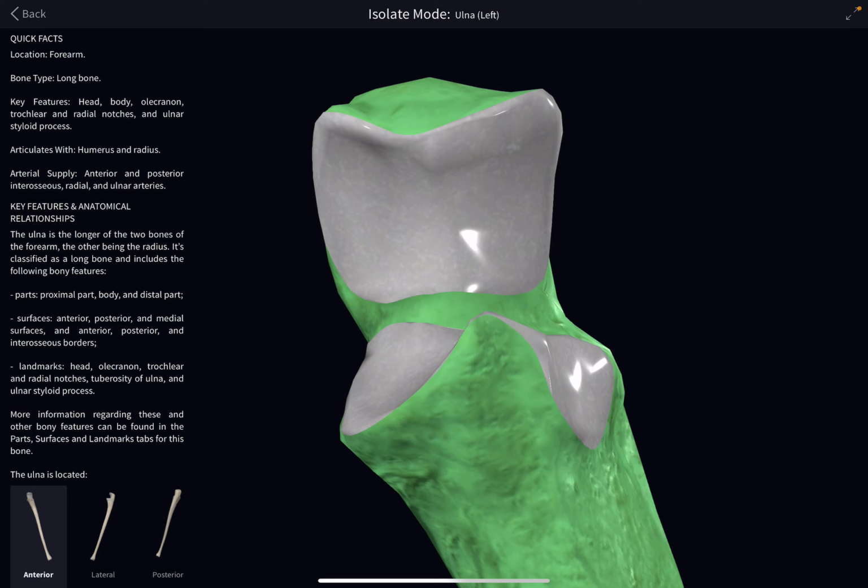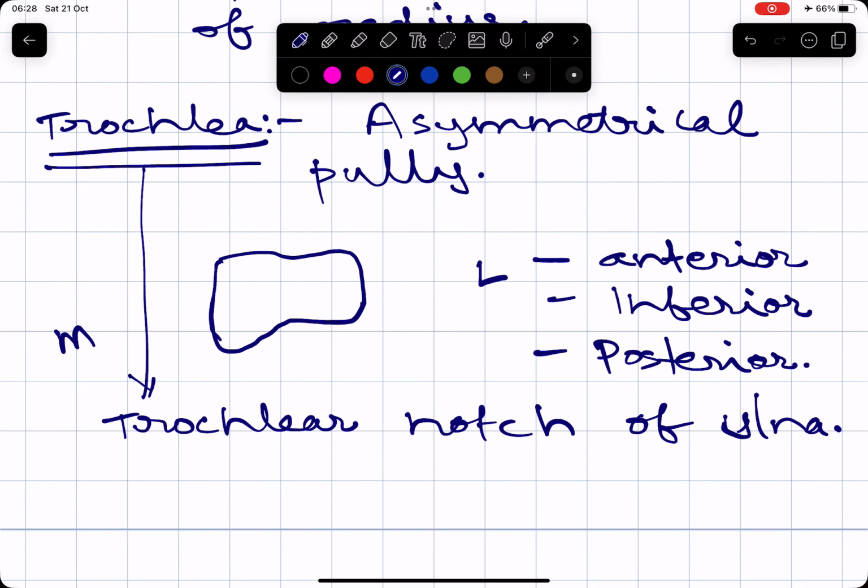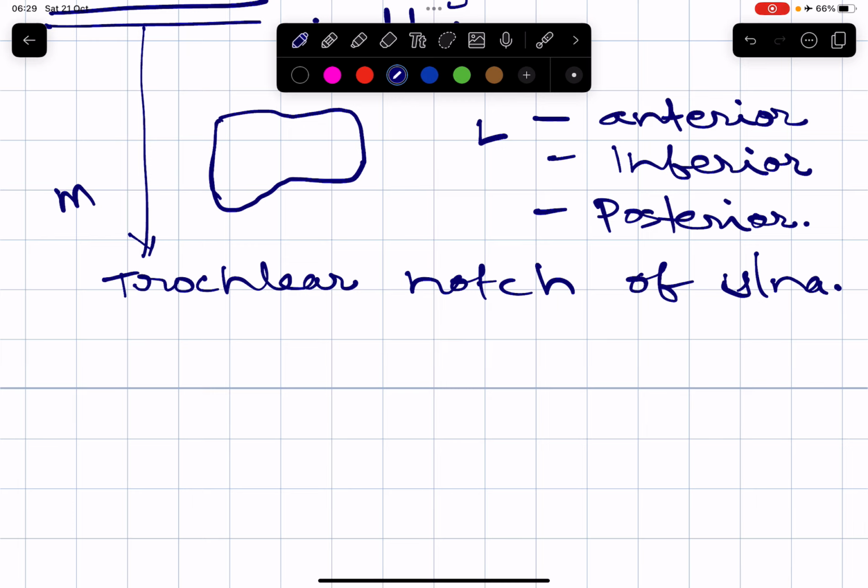You can see the shape of a pulley here. Now this trochlea has articular surfaces anteriorly, inferiorly, and posteriorly.